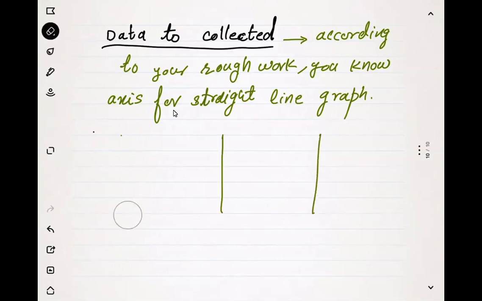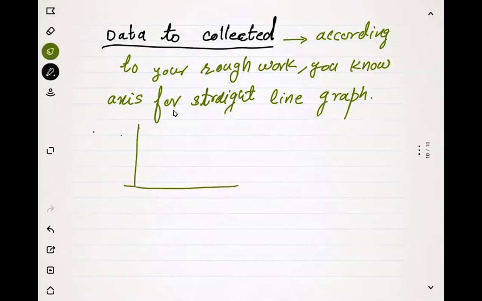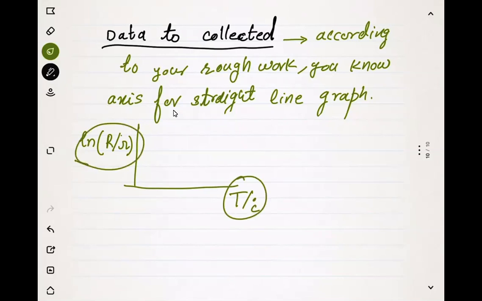For example, in the relation for resistance against temperature, we remember that natural log of R was on the y-axis. Natural log has no unit and unit of R is ohms, that is written in the bracket. And temperature is on the x-axis. So you need these two quantities for your plot. So you'll make column headings in which there are two things that you have to find mainly.